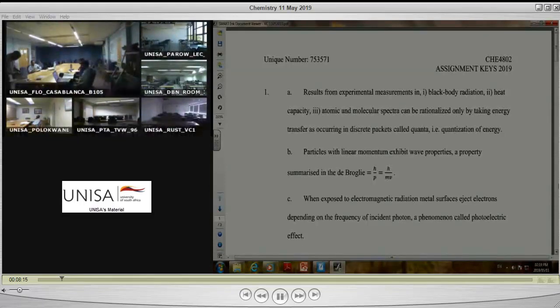Maybe by exposing it to ultraviolet light or visible radiation. And then the electron gets excited, and after that it goes back down to the ground state. Not the ground state, because there are different levels.